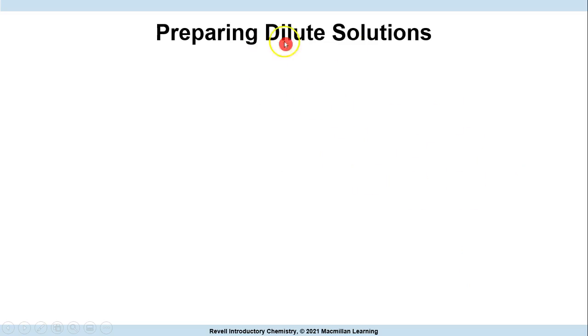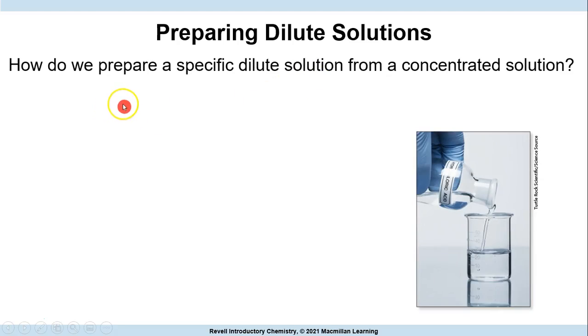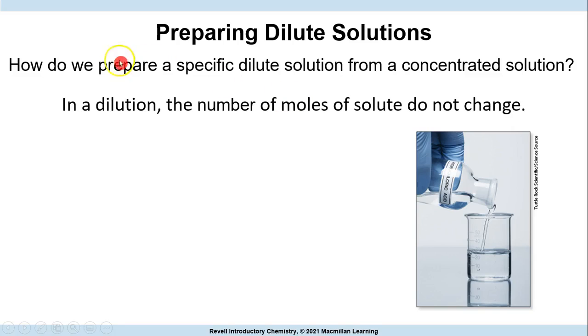Now, how can we prepare dilute solutions? For us to prepare solutions with a specific dilution from concentrated solutions, there is an approach that we are going to use. One thing that you need to remember is that the number of moles of solid does not change. Let's say you had 3 moles in 1 liter.